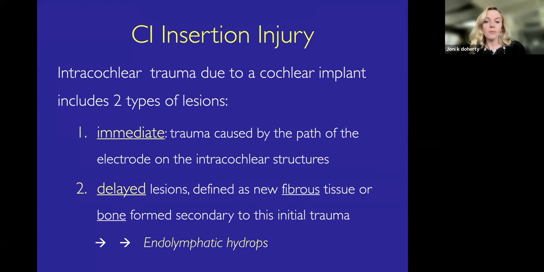And there are also delayed lesions defined as new fibrous tissue formation and new bone formation or neuroosteogenesis that is formed secondary to this initial trauma. And what our data and others have shown is that this potentially leads to endolymphatic hydrops, resulting in loss of that low frequency hearing.